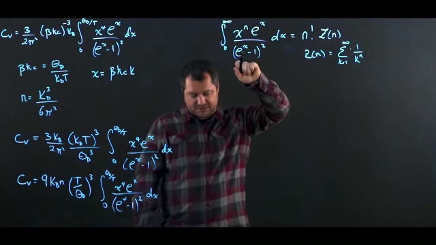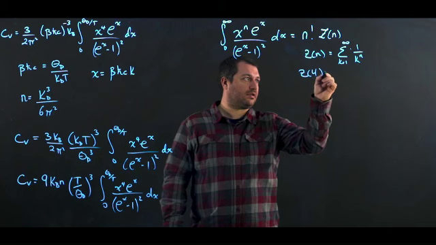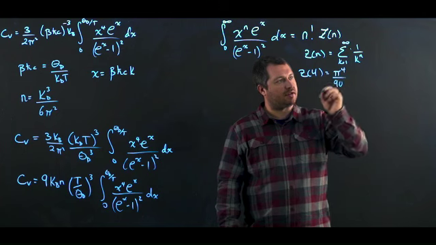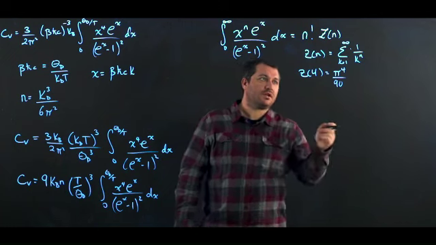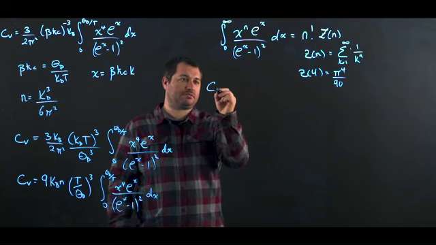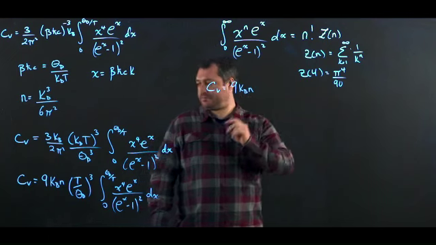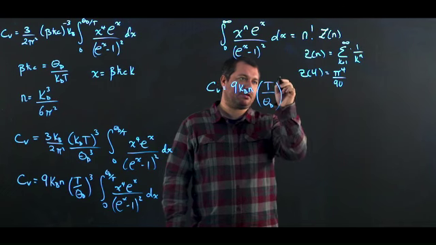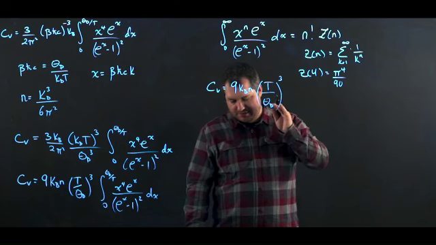So if we plug this in, we're actually going to get some zeta of 4, which is pi to the 4 over 90. And n factorial is, that's 4 times 3 times 2. This also simplifies out. So what we have now for our specific heat integral is we're going to get 9 kb n of T over theta D cubed of this integral, where we're saying that at low temperatures, this is what it's going to approximate.